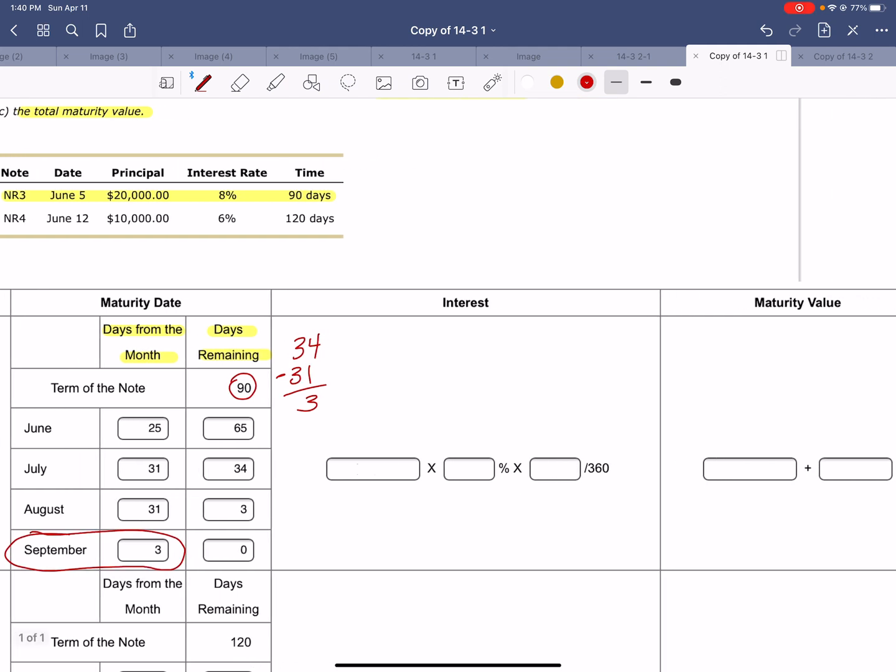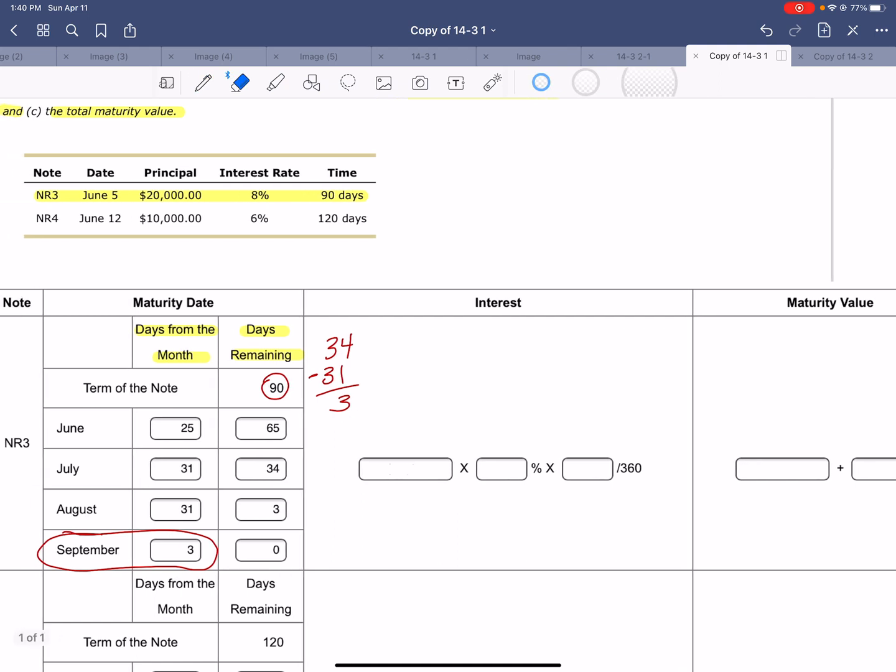Okay, next we're going to figure out the interest on this note. The principal is $20,000. Then we're going to take it times the interest rate. If you look up at the problem up here, you'll see that the interest rate is 8%.